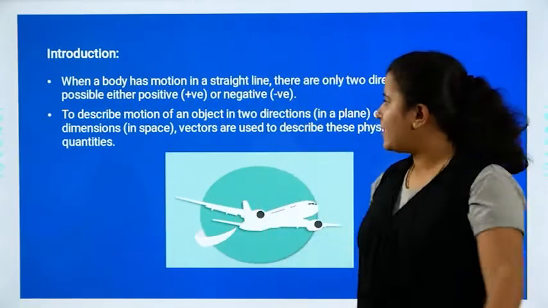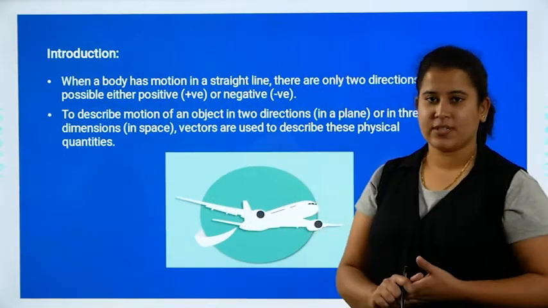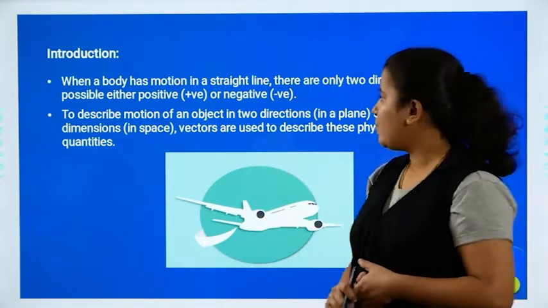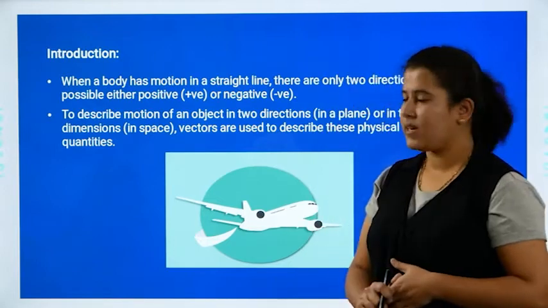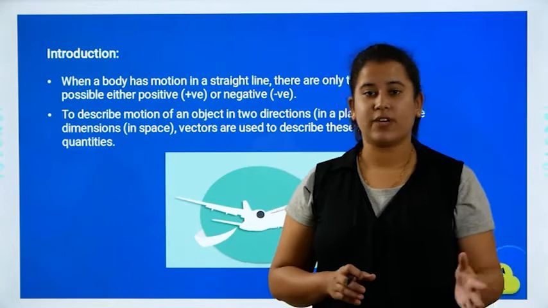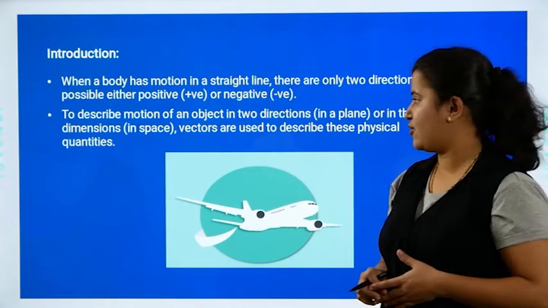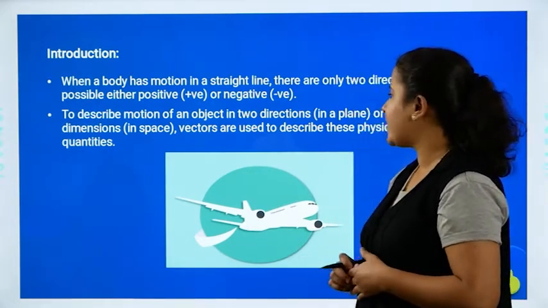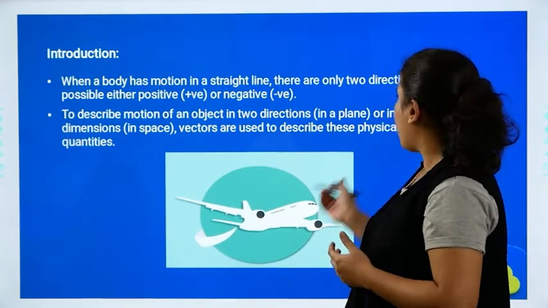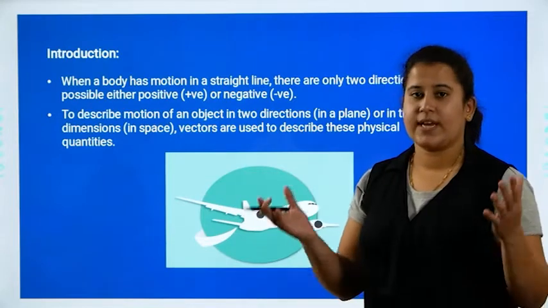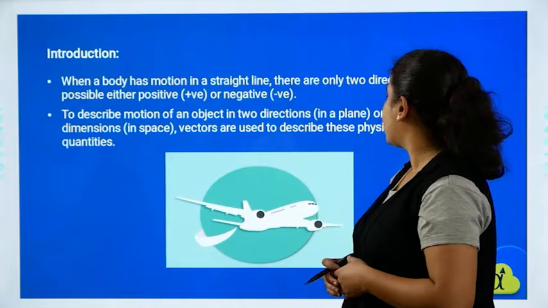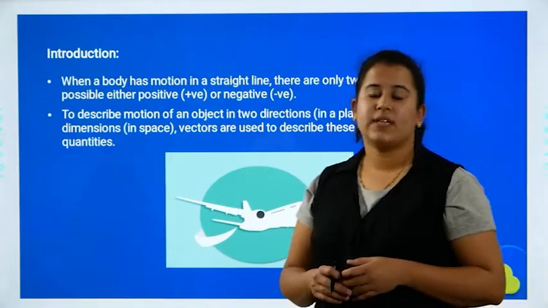Coming to this first introduction, how do you define motion in a plane? When a body has motion in a straight line, there are only two directions possible, either the positive direction or the negative direction. To describe the motion of an object in two different directions or in three dimensions, vectors are used to describe these physical quantities.